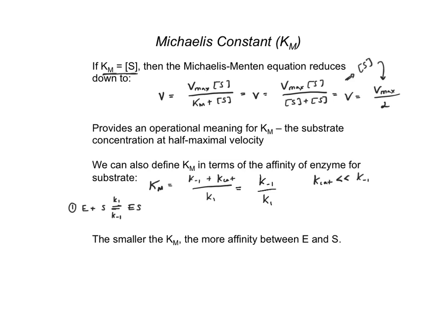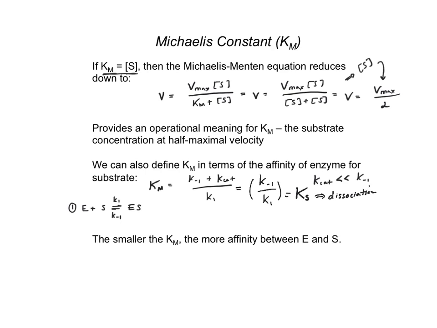Okay, so again, we haven't really talked necessarily about this, but this is the equilibrium constant, or the ratio of rate constants for the dissociation of enzyme substrate complex to E and S, right? So this is essentially a dissociation constant.